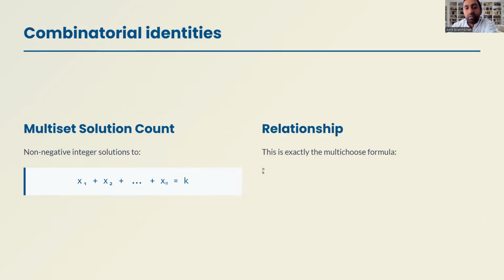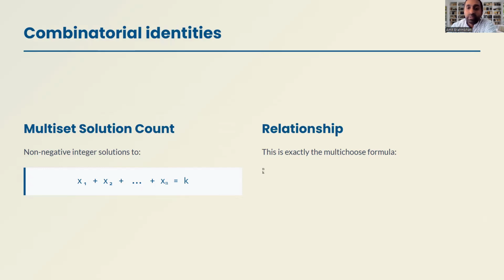Combinatorial identities. Many algebraic equations are actually multiset problems in disguise. Consider the equation x1 plus x2 plus all the way to xn equals k, where we want to find the number of non-negative integer solutions.